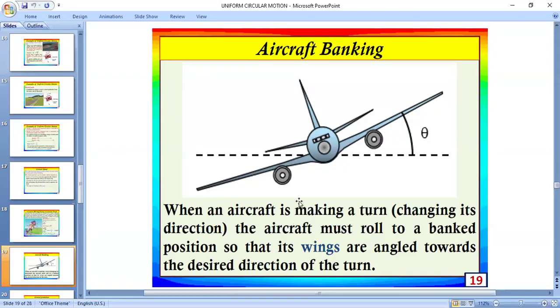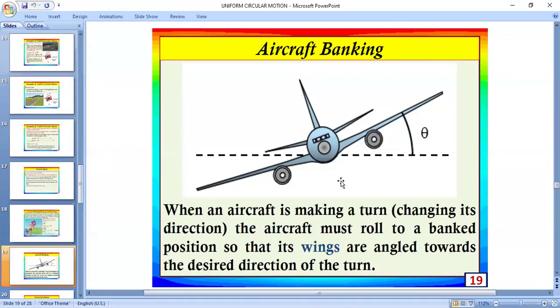So the aircraft cannot turn when it is horizontal. It has to incline at an angle theta. And also the speed at which it's moving should also obey critical speed. V equals to the root of RG tan theta here.